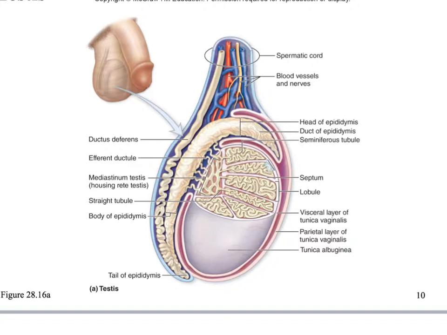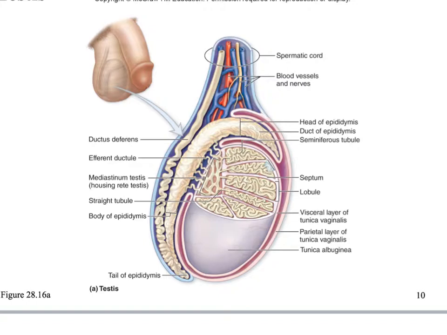Because the testes begin development within the abdomen and they descend out of the body, they are wrapped in 2 layers of peritoneum. And that's what the visceral layer of the tunica vaginalis is. So that's really a remnant of the peritoneum that has extended out as the testes descend from the body.